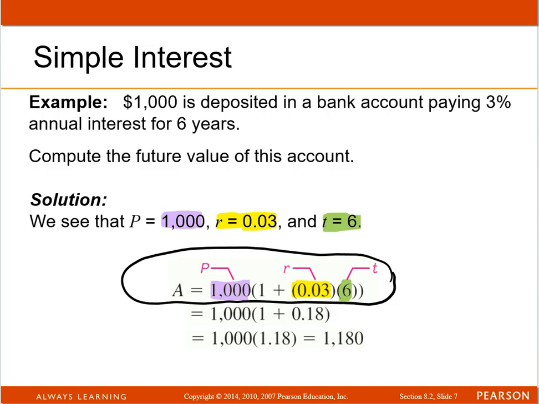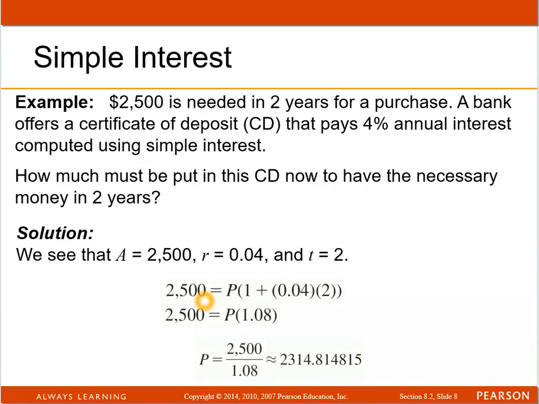All I have to type in is 1,000 parenthesis 1 plus 0.03 times 6, close the parentheses, and it should give me this answer right here. They went ahead and did a couple of order of operations steps. They started with the multiplication, then they did the addition to finish what was in the parentheses, and then they did the multiplication times the 1,000. So same answer.